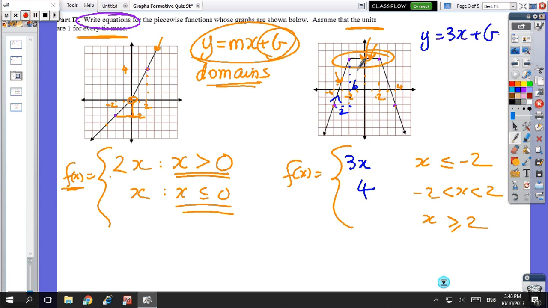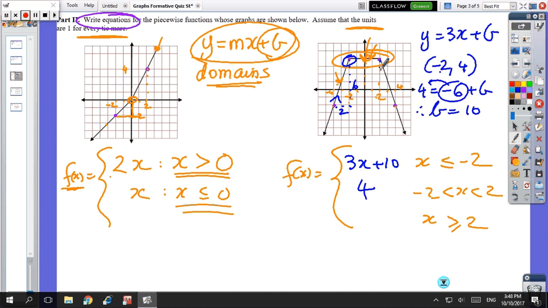Now this coordinate here is minus 2 for x, and y is 4, which will help us find the b value. So 4 equals 3 times minus 2, which is minus 6, plus b, so b equals 10. So it's 3x plus 10. Looking at this side, 1, 2, 3, 4, 5, 6, so it's 6 and 2. But this time the line's going to the left, so it's going to be minus 3x. Because of the symmetry, it's also plus 10. So there's your equation.